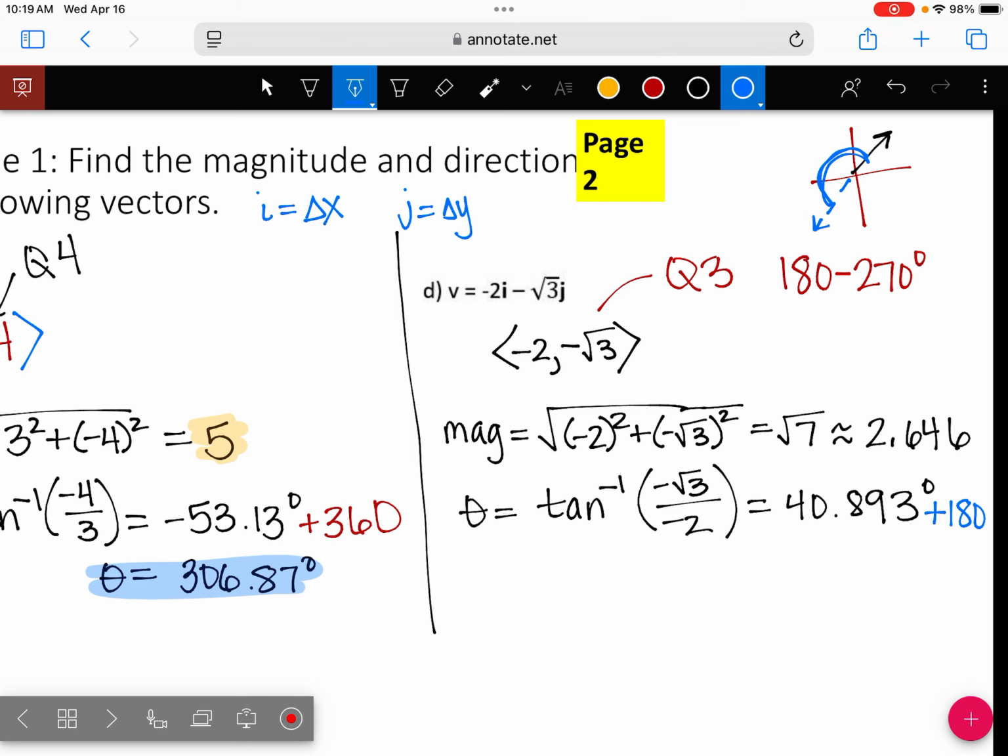Those are the only two adjustments that you will need to make when you're finding your direction. So after I add that 180, I get 220.893 degrees. So again, we have our magnitude, and I also have my direction.